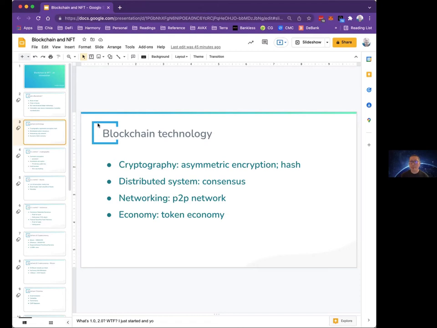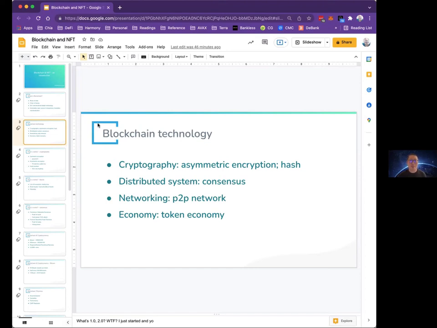There are a few important cryptography primitives used in blockchain technology: symmetric encryption and also hash functions. If you don't know those computer science subjects, it's okay. Just remember those are the key subjects used in blockchain technology. I may cover some detail later on.